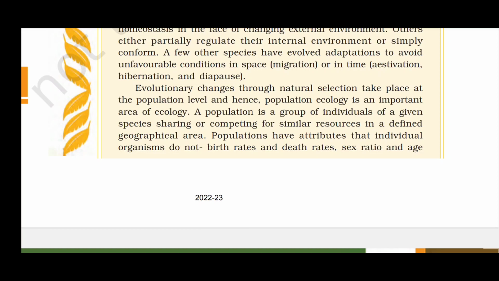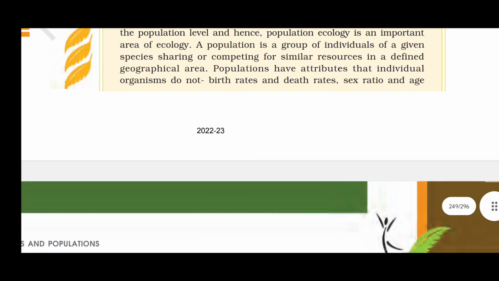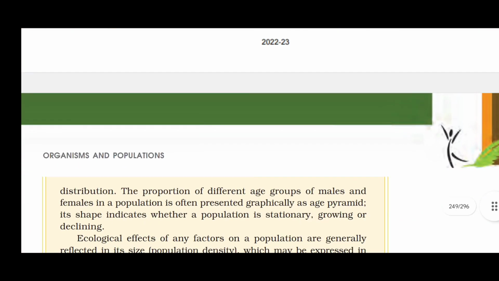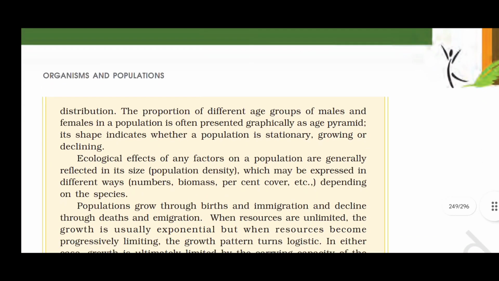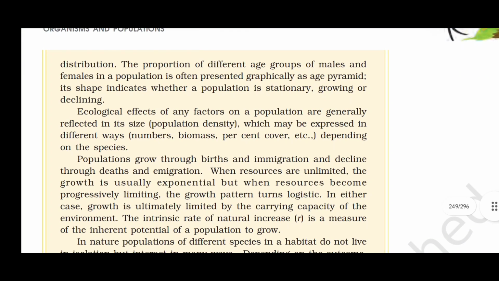Populations have attributes that individual organisms do not: birth rates and death rates, sex ratio, and age distribution. The proportion of different age groups of males and females in a population is often presented graphically as an age pyramid. Its shape indicates whether a population is stationary, growing, or declining.